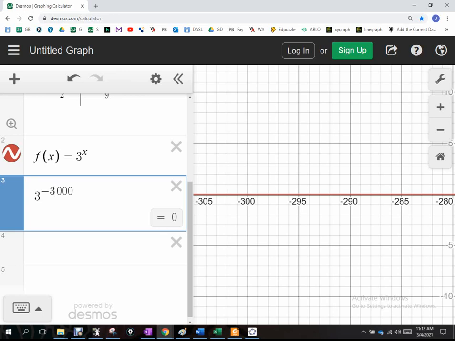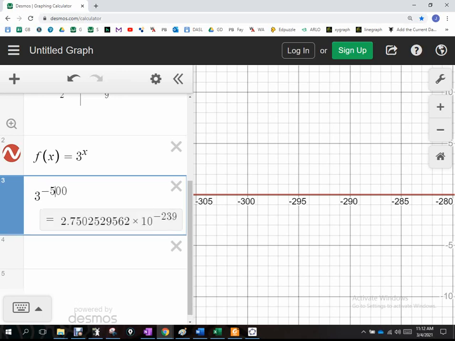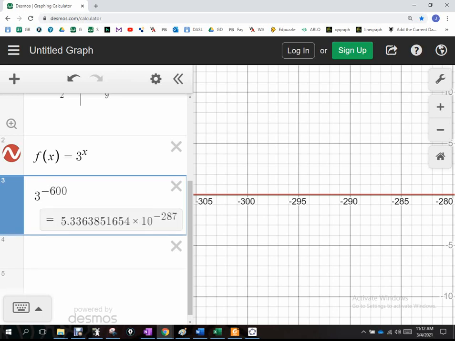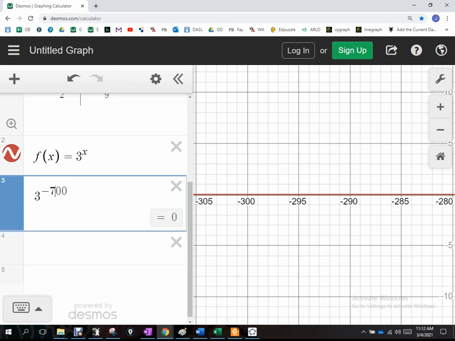I'm actually kind of interested in seeing where that breaks. Negative 1,000. Okay, so 500, it lets it calculate to 600. 700, no, but let's go.